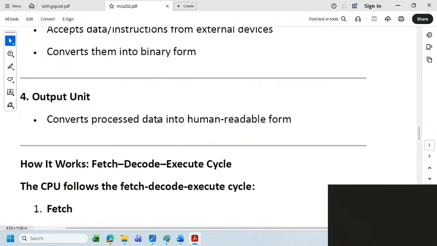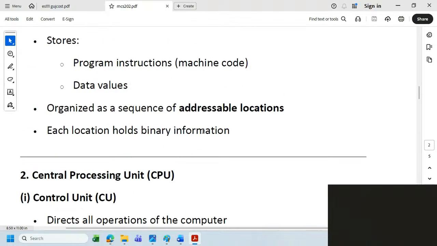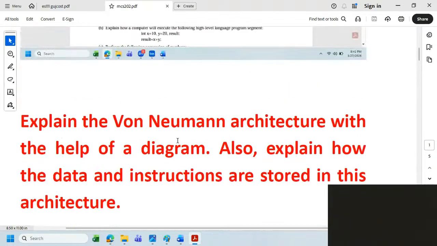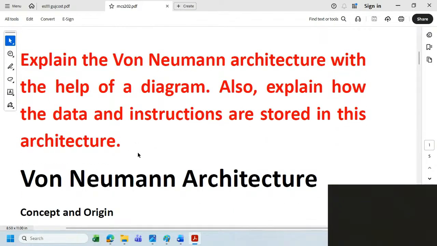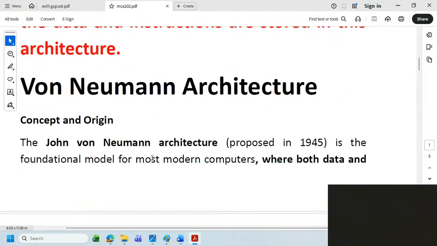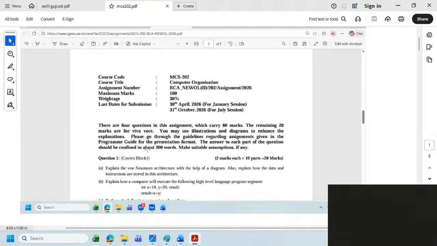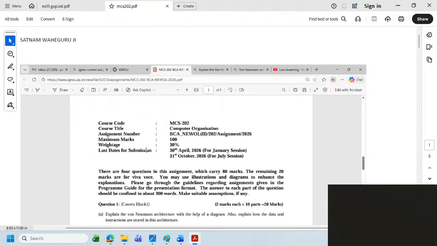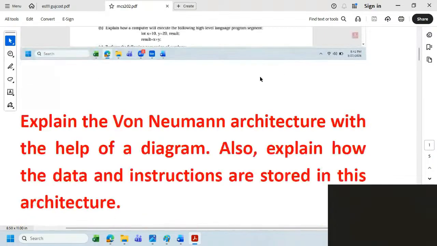The question again, you may see on your screen: we have to explain the von Neumann architecture with the help of a diagram, and also how the data and instructions are stored in this architecture. So you can use this video for better answer writing of your assignments, and also for the preparation of exams, as we have tried to cover each and every element related with this topic, von Neumann architecture.